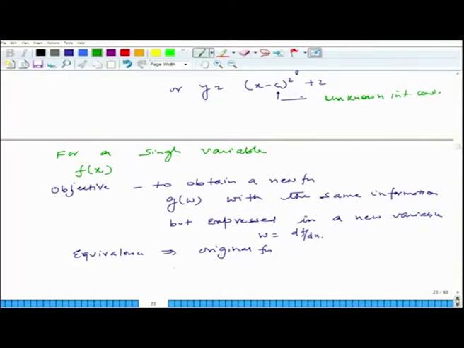So it can be recovered from the transformed one without any ambiguity.